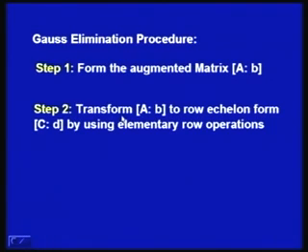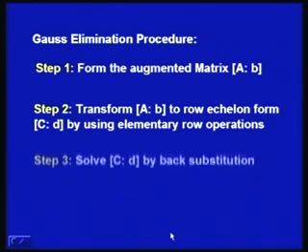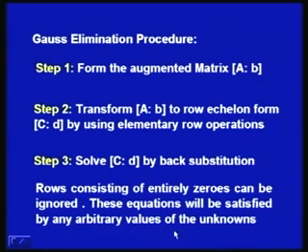So, this transformation will not affect the solution of the system, but the system will be simpler. Once we get the row echelon form, then we use the back substitution to get the final solution.